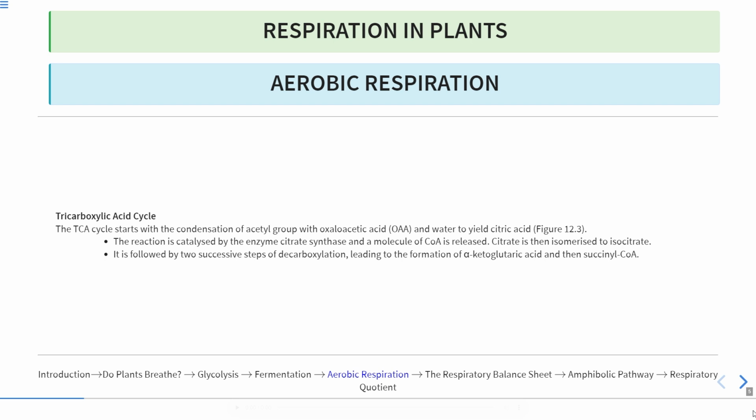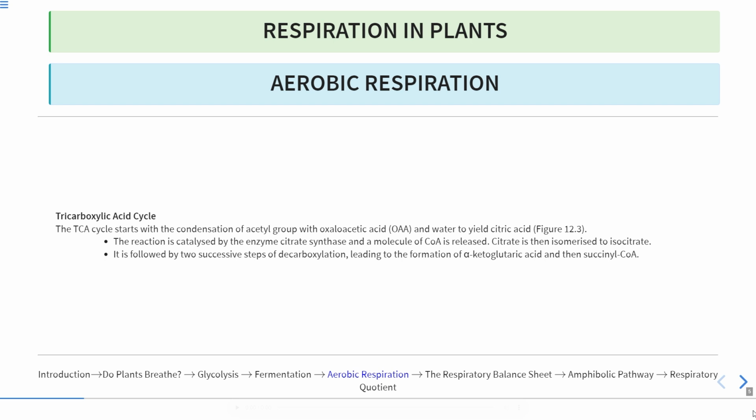The TCA cycle, or tricarboxylic acid cycle, starts with the condensation of the acetyl group with oxaloacetic acid, OAA, and water to yield citric acid. It is very important to understand this cycle.